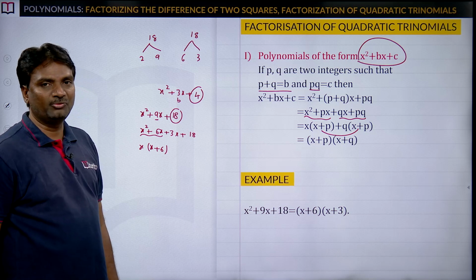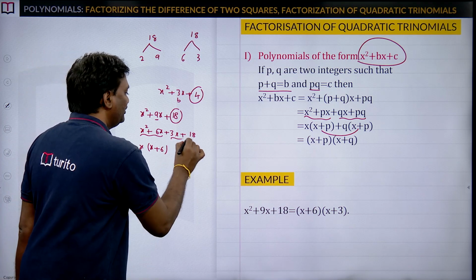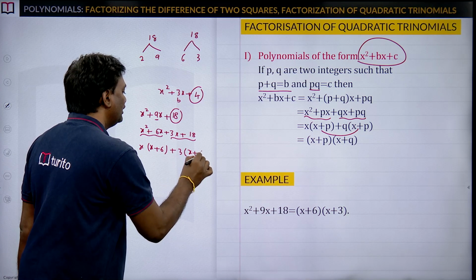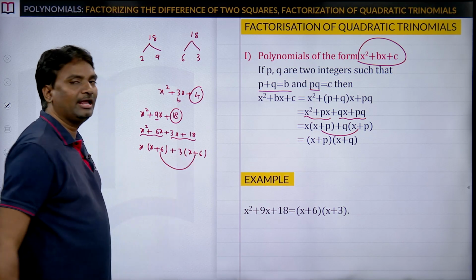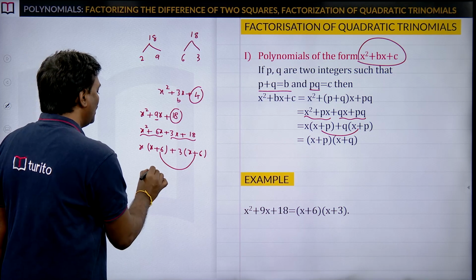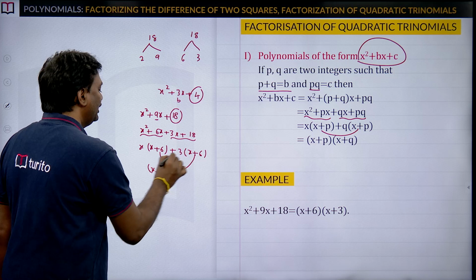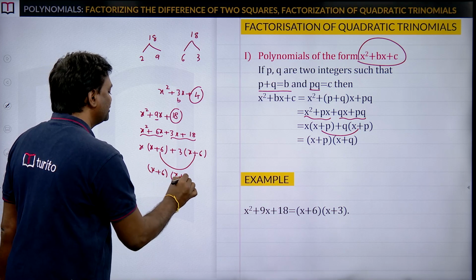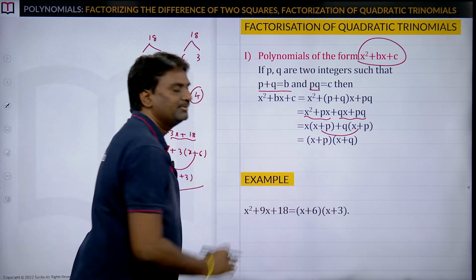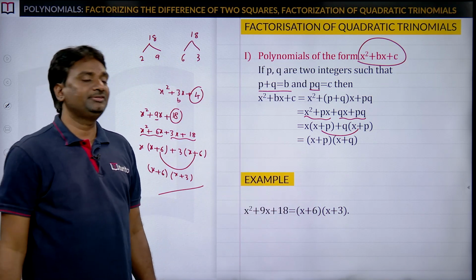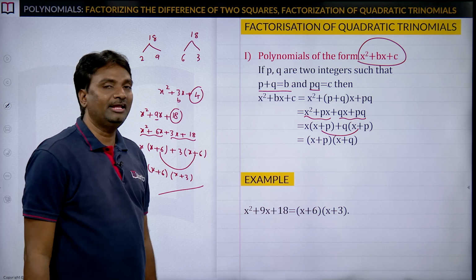By grouping the terms, as we have discussed in the last class, from 3x plus 18, by taking 3 as common, we get 3 into (x plus 6). Again by taking this x plus 6 as common, finally we got (x plus 6) into (x plus 3). By multiplying these two terms, definitely you will get the LHS, that is x square plus 9x plus 18.